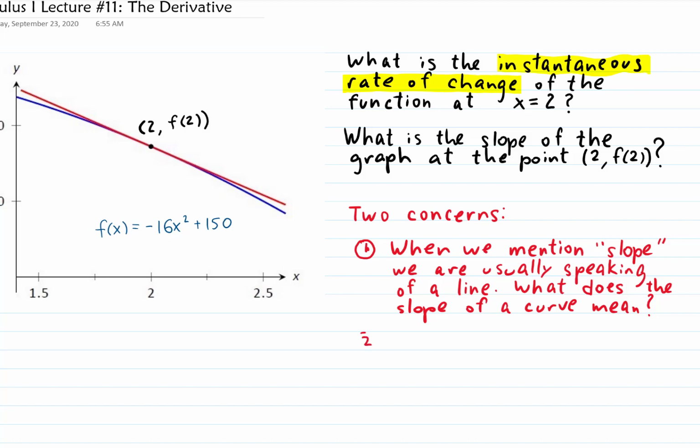And number two, there's another concern. When you are calculating the slope of a line, how many points do you need? You need 2 points to find the slope, right? So how are we going to find the slope at just the point 2, f of 2? Okay, so to calculate slope of a line, we need 2 points.